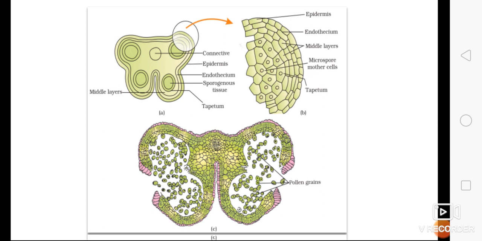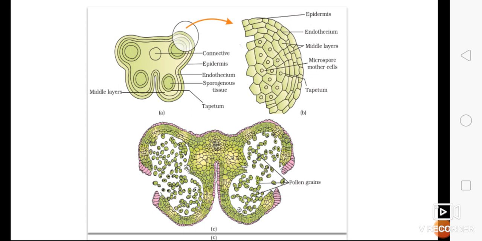Then the innermost layer of the wall of microsporangium is tapetum. The main function of tapetum is different from the function of other layers. That function is giving nutrients, giving nourishment, giving food molecules to the cells of microsporangium. So the function of tapetum is the nourishment of microsporangium.